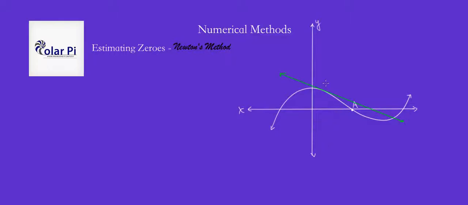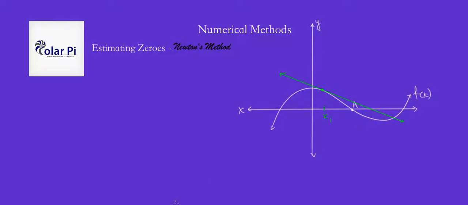Now, let's say that this point here has x coordinate x1. x1 is somewhat near a, and so we're going to use a tangent line at x1 to this curve. Let's say our curve is f of x, as it's almost always called.